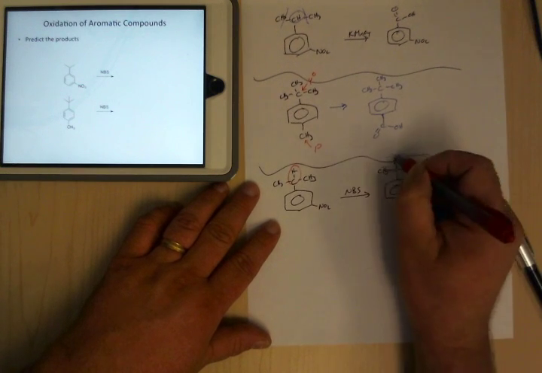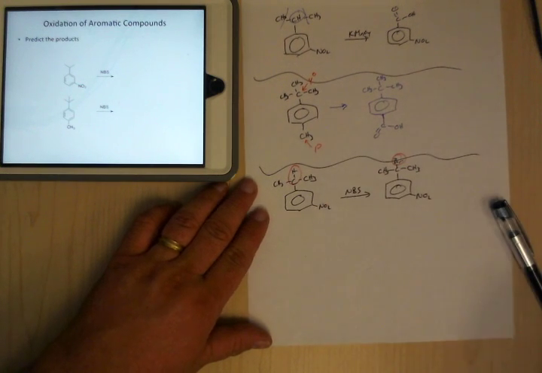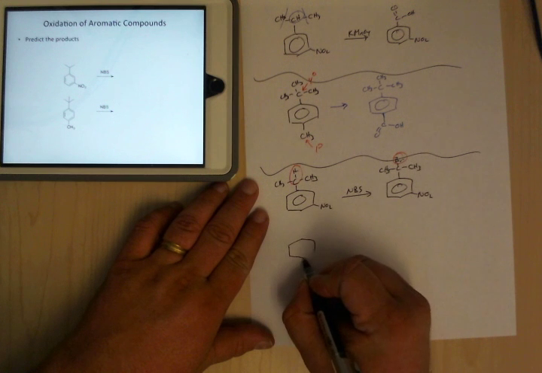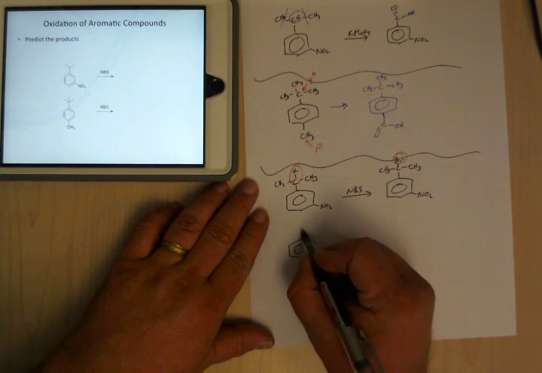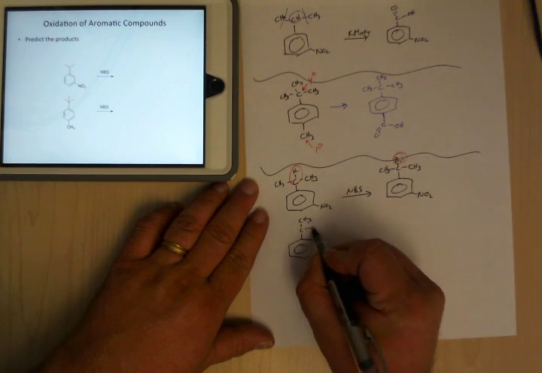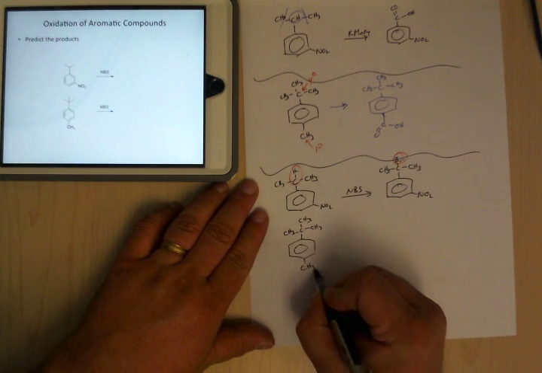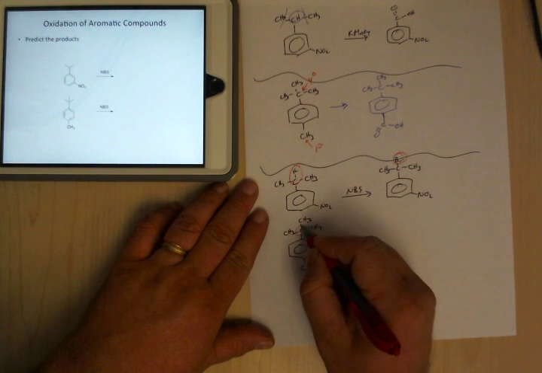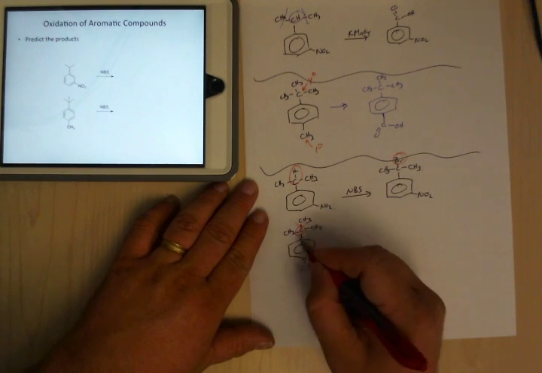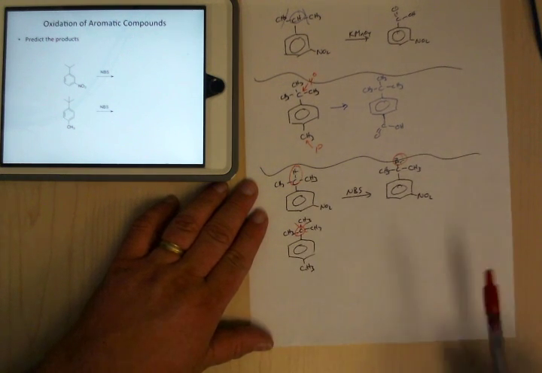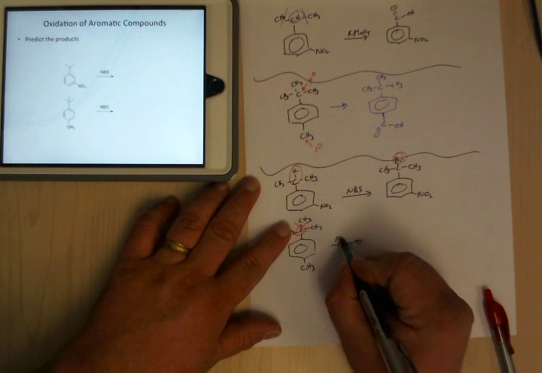But there's a bromine that gets substituted right in. Over here, again, there's no hydrogen, so this is going to be resistant to it, but we can put one there. NBS.